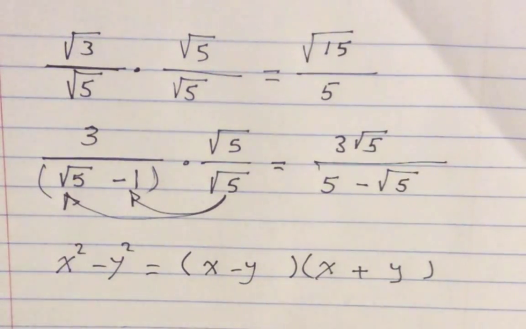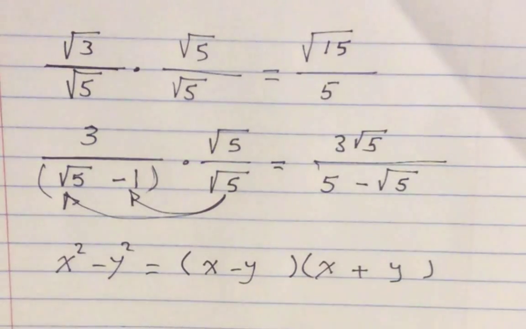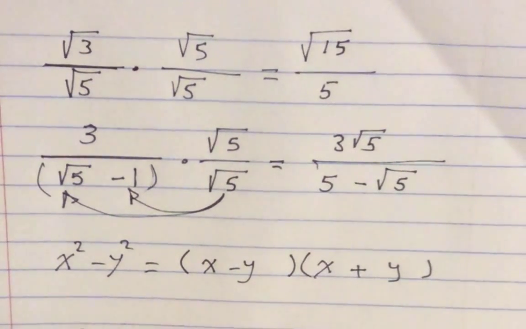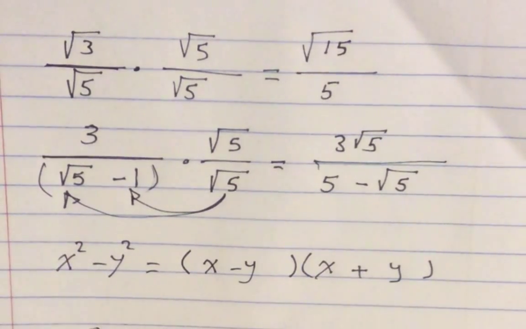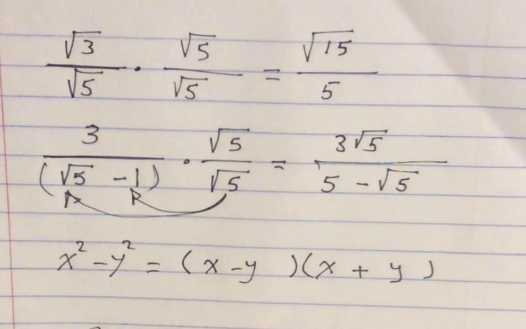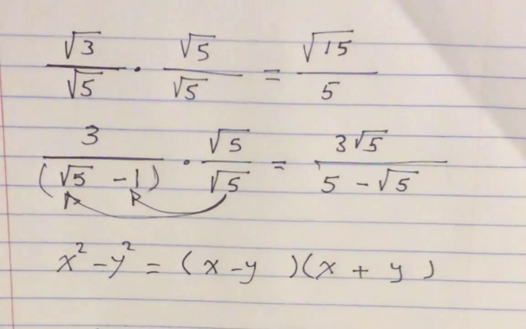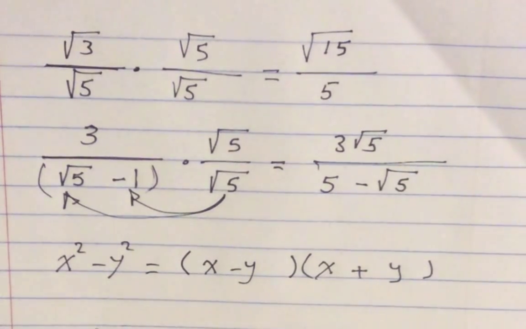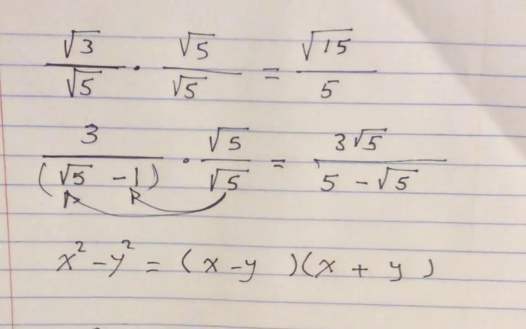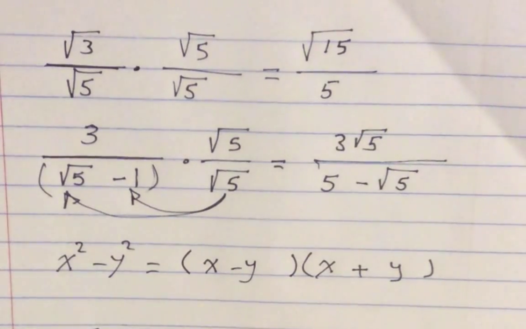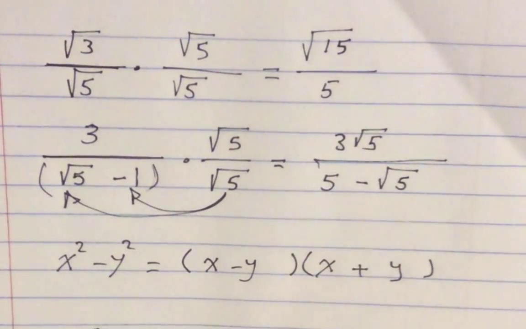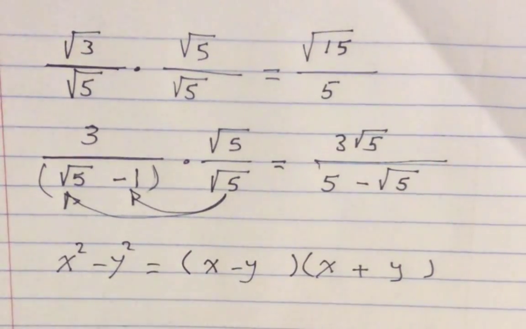So for example, if I have the same exact problem now and I want to rationalize the denominator, we are going to do this. I'm going to take the 3 over square root of 5 minus 1. Imagine this is your problem, you want to rationalize its denominator, and we multiply it by, this is the difference, so we multiply it by the sum. So we need to do it also to the numerator.